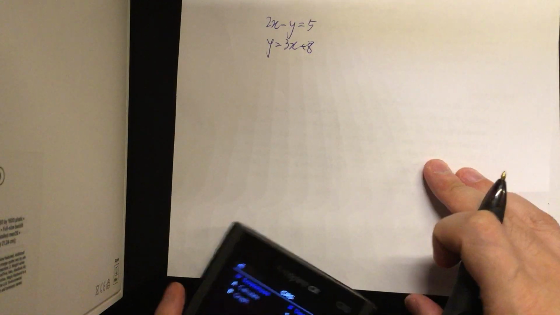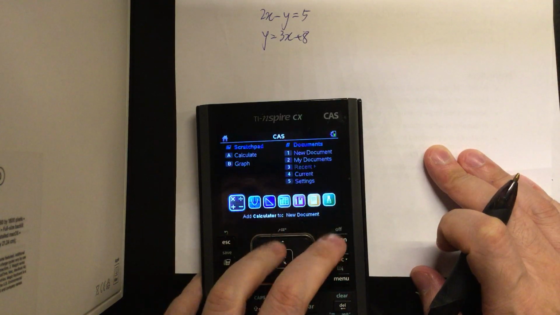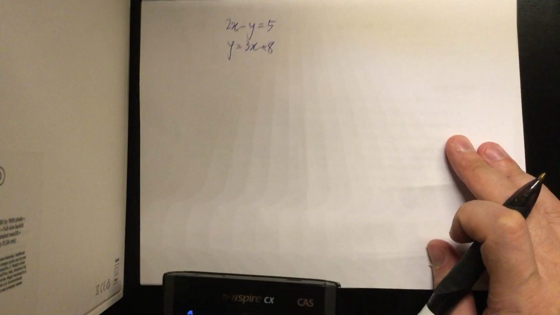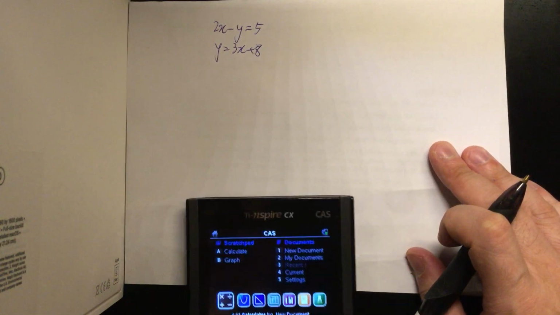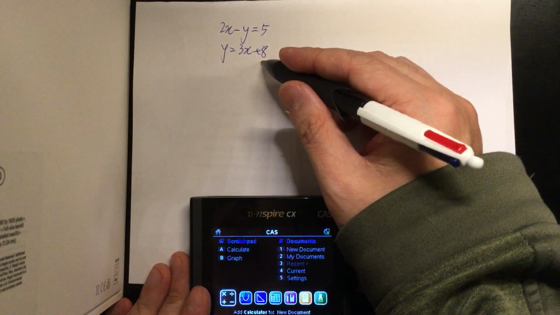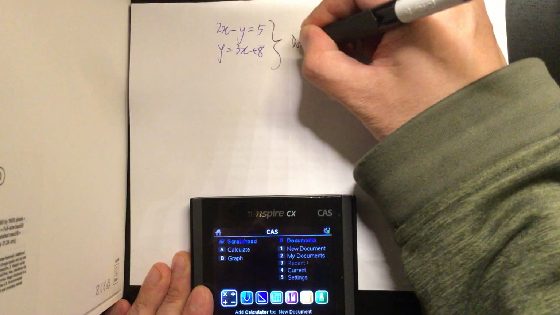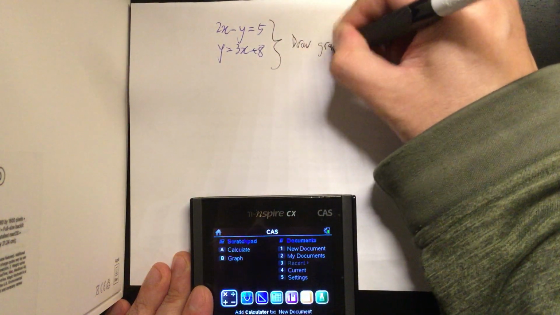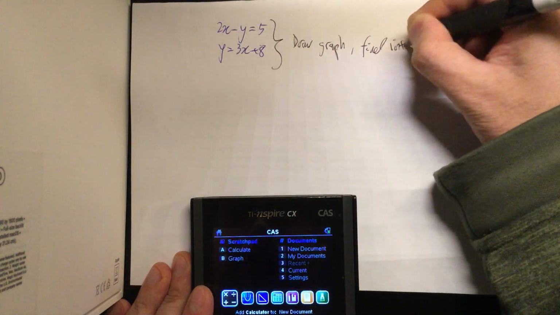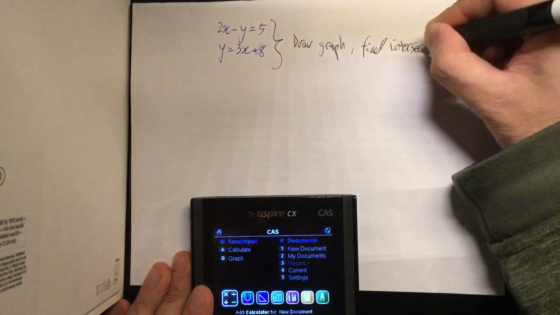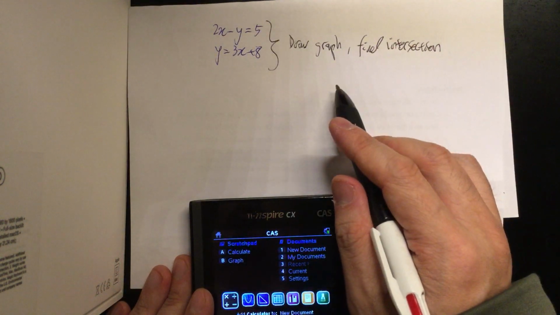All right, ladies and gentlemen, I think this is the one last topic that I didn't manage to explain in the other video. So for example, if the question requires you to draw a graph and find the intersection, what do you do here?